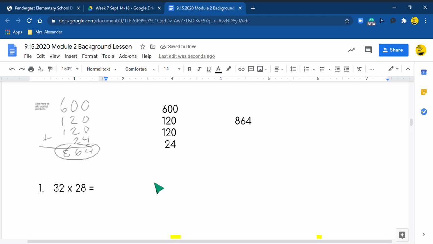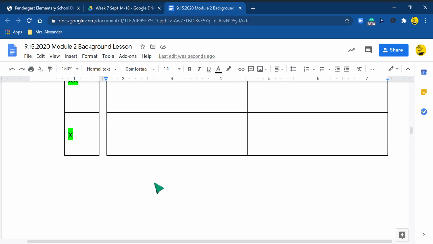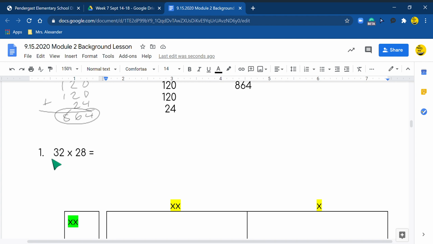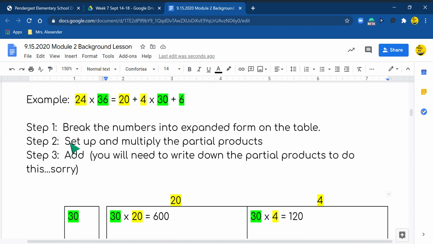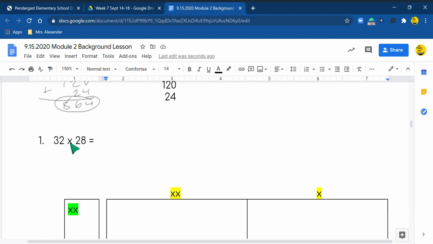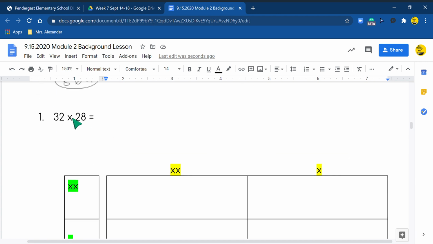We're going to try an example, try the first one together. So here we go, 32 times 28. So remember, this first number goes across. So right here, 32. We're looking at this number. So I'm going to write 30 here.